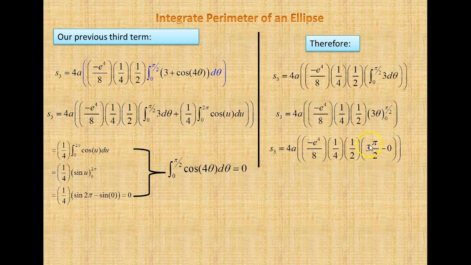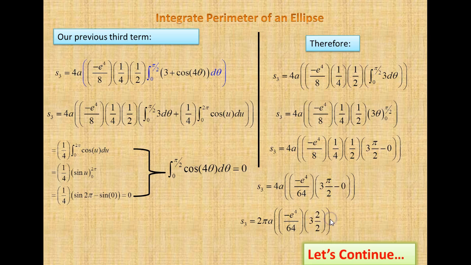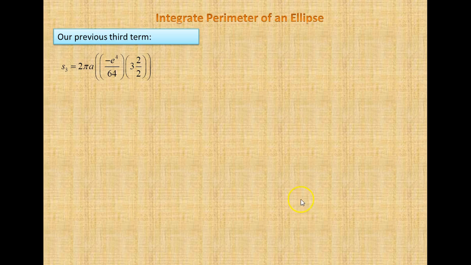And so now we got 3 times pi over 2 minus 0, multiplied by all of this. And what we do is we get 2 times 2 is 4, so we get 2 times, bring pi out here, 2 pi times a, times 2, which leaves us 3 times 2 over 2, which is 1. Let's continue. That leaves 3.